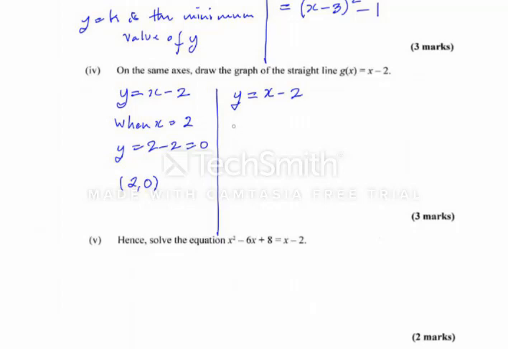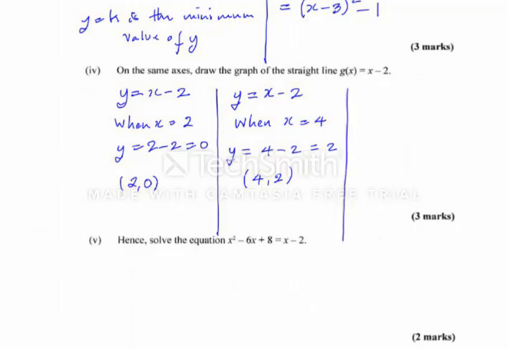Same equation, y is equal to x minus 2. I'm going to select a second point. Let's just say x is equal to 4. Y would be equal to 4 minus 2, which is 2. So the next point is 4, 2.